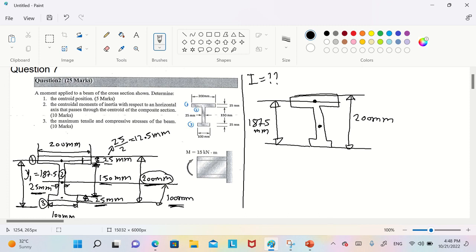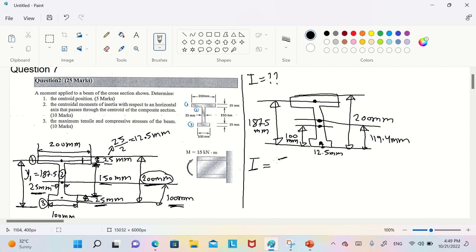For the second, the center to the ground is 100 millimeter. The center of the third one to the ground is 12.5 millimeter. The whole center to the ground is 119.4 millimeter.